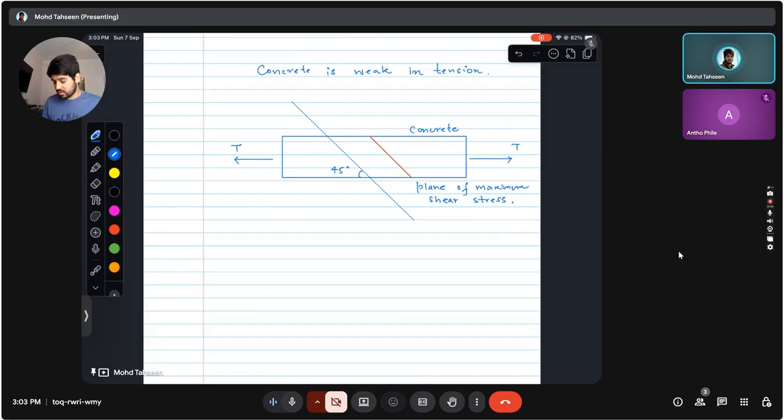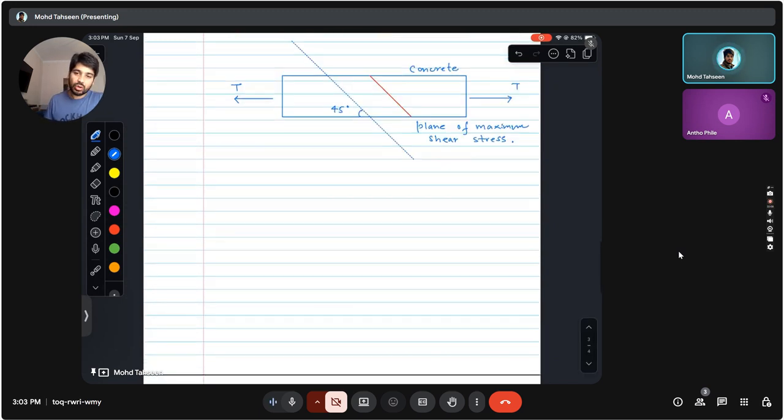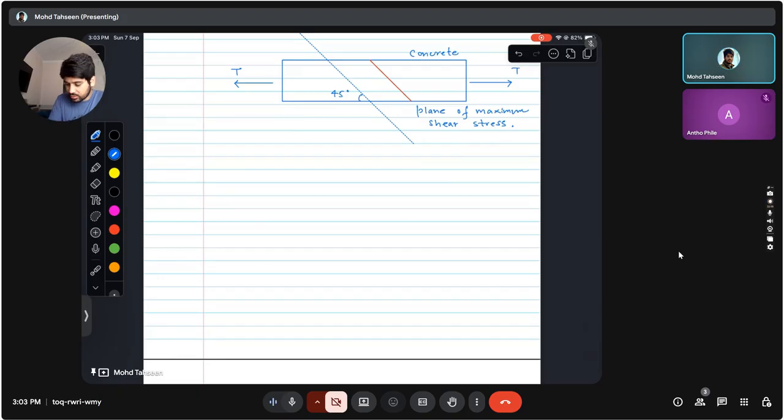This is seen even in, for example, if we look at cracks in concrete, mostly they occur along 45 degrees to the loading axis. So this knowledge of how the failure happens, or in general, how a property varies along the different directions inside a solid, right? That is of high importance to engineers, designers, and people working in technology, right?